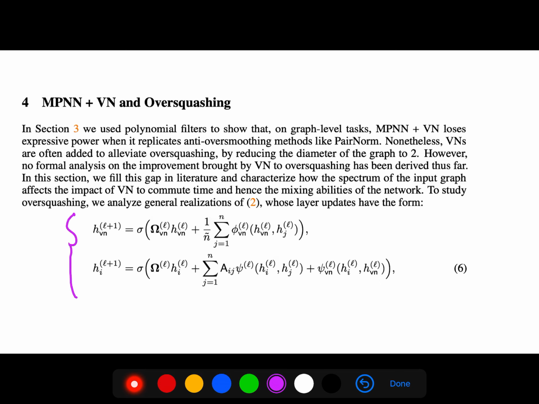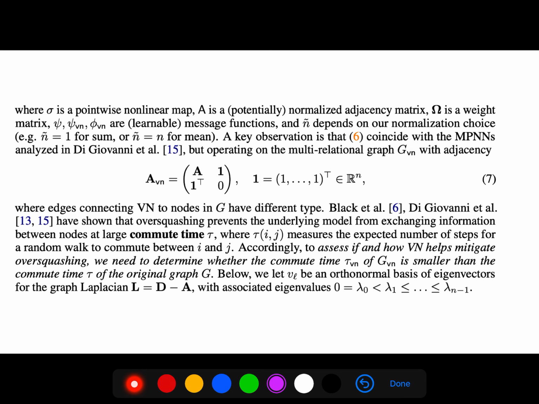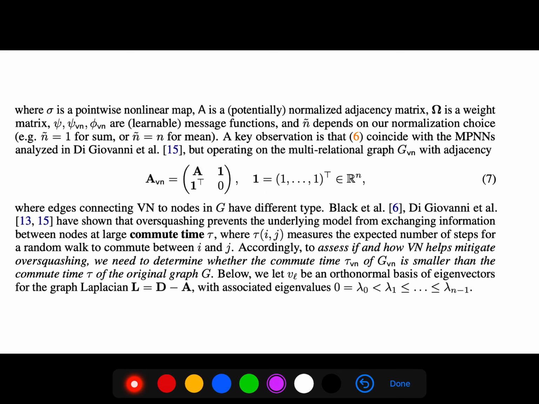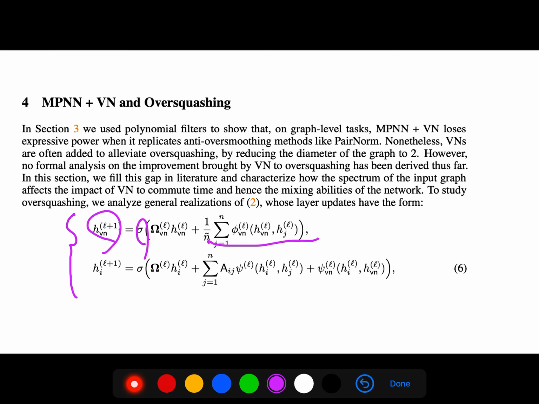So as I said, we have these additional virtual node updates. We have aggregation, very simple sum aggregation, and then update. So sigma is a pointwise nonlinear map. A is a potentially normalized adjacency matrix. Omega is a weight matrix.